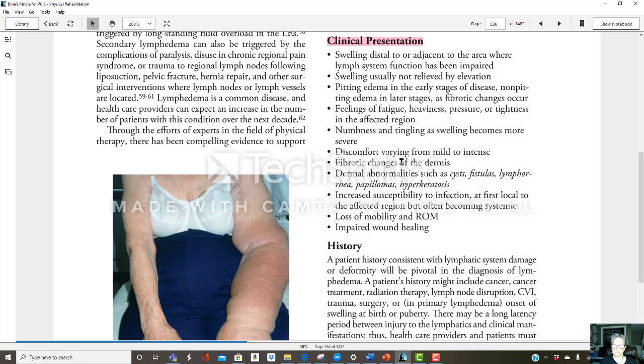As fibrotic changes occur, feelings of fatigue, heaviness, pressure, or tightness in the affected region, numbness and tingling as swelling becomes more severe, discomfort varying from mild to intense, fibrotic changes of the dermis, dermal abnormalities such as cysts, fistulas, lymphuria, papillomas, hyperkeratosis, increased susceptibility to infection, at first local to the affected region but often becoming systemic, loss of mobility and ROM, impaired wound healing.